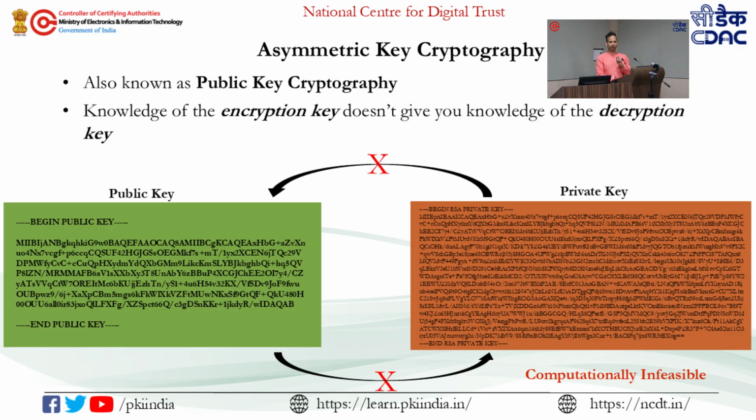And knowledge of one key doesn't give you knowledge of the other. It means that if you got one key, you cannot derive the other key. It is mathematically infeasible. So from private key you cannot derive the public key, and from public key you cannot derive the private key.